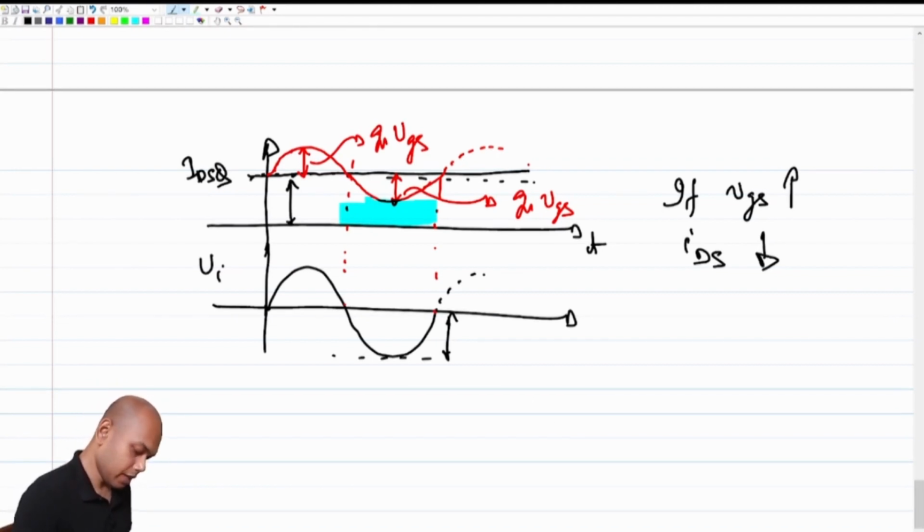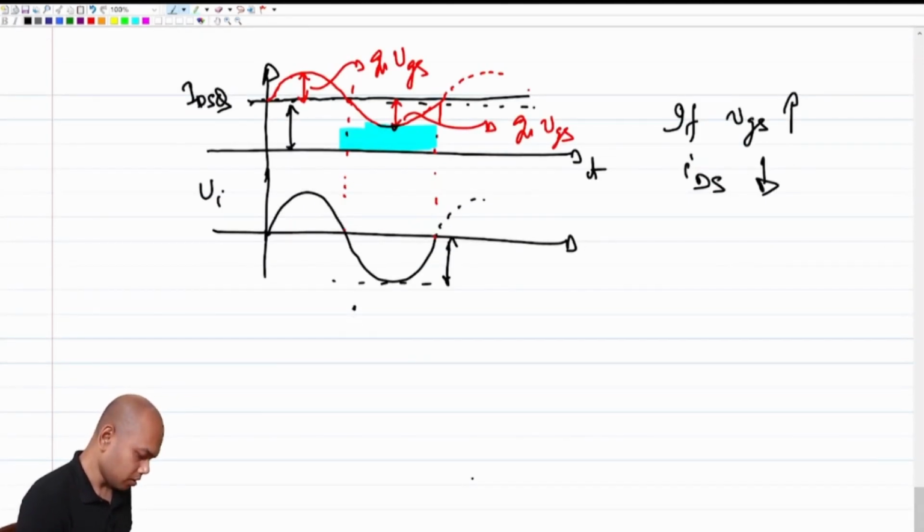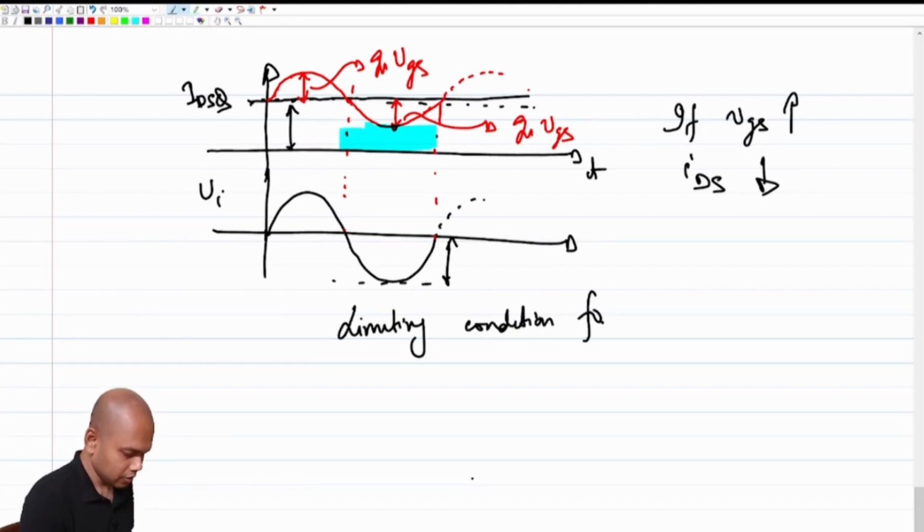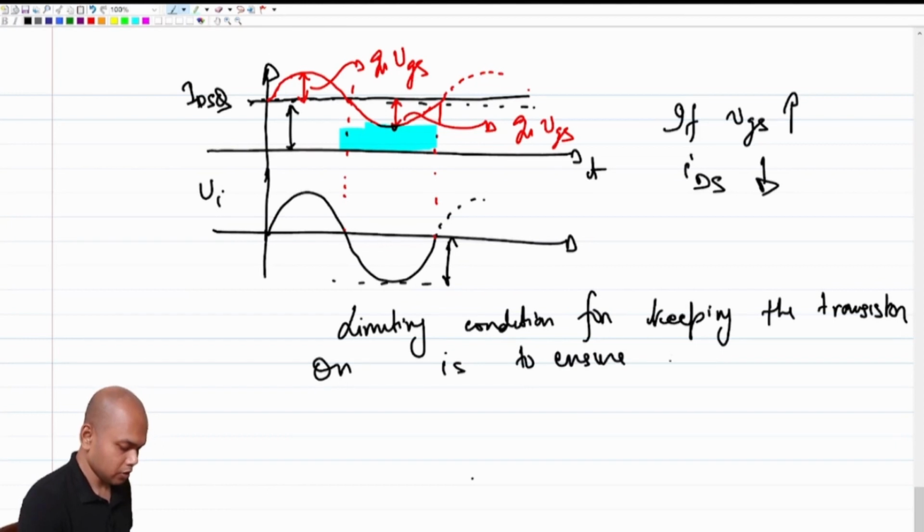So the limiting condition for keeping the transistor on is to ensure total IDS is greater than or equal to 0, right?